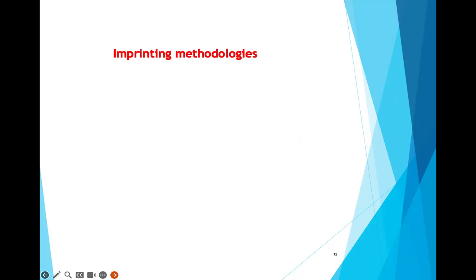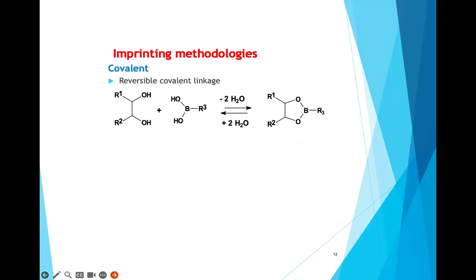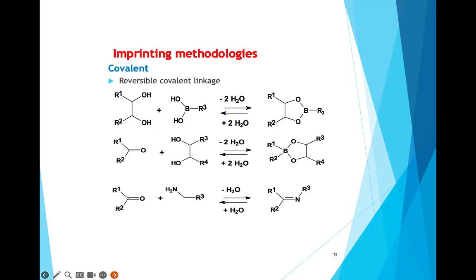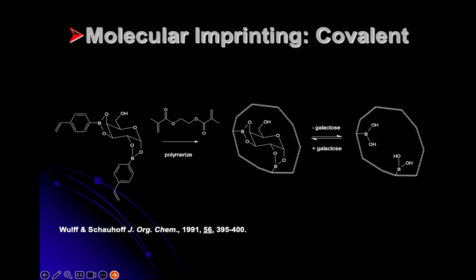You have to use difficult chemistry. But if you're using hydrogen bond, it's quite easy. So in order to use covalent, you have to make sure it is a reversible covalent linkage. If it is not reversible, then you cannot detach the template from the polymer. It's difficult to extract. So you have to choose reversible covalent between the template and the monomer.